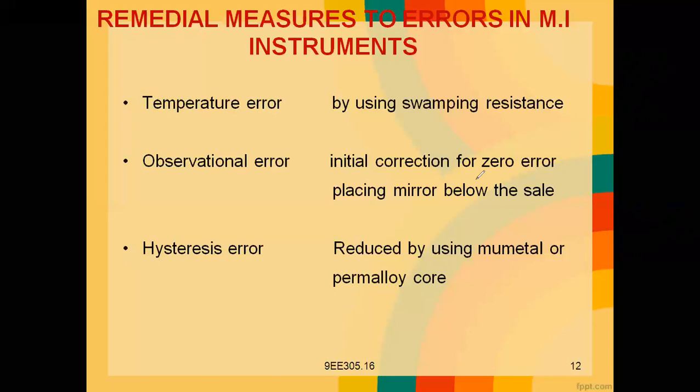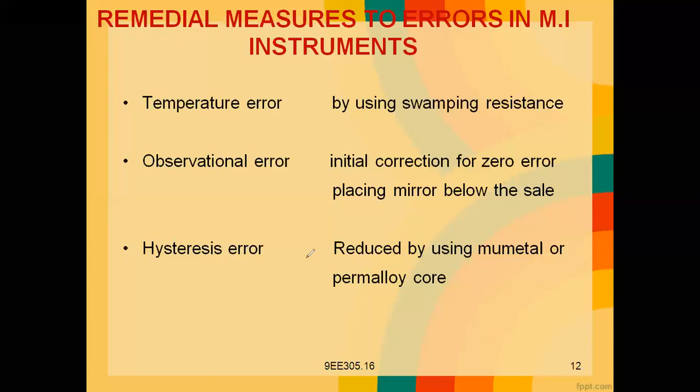That means the pointer and the mirror image of the pointer should coincide, and then we take the reading which the pointer is indicating from that position of view. So just by placing a mirror below the scale, we can easily avoid observational error, especially parallax error.